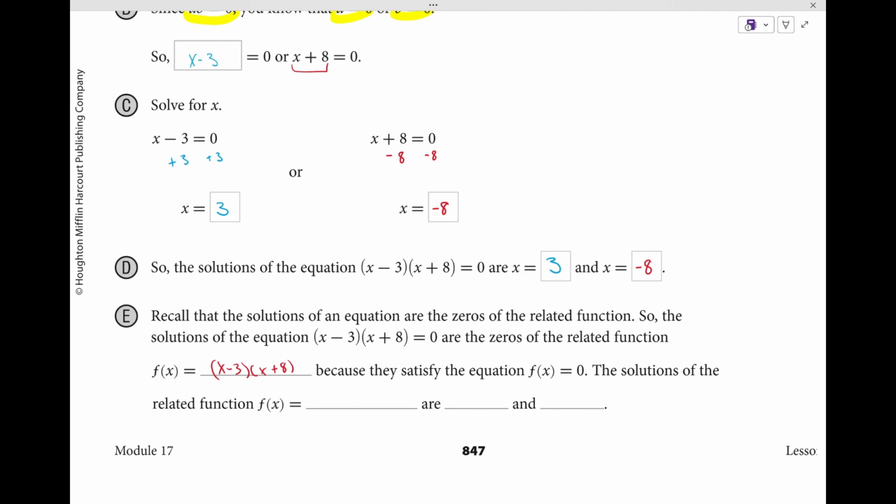You can go back and check what we did there. The solutions of the related function: x minus 3, x plus 8. The solutions are 3 and negative 8. Really, I should say where the x value is 3 and where the x value is negative 8.